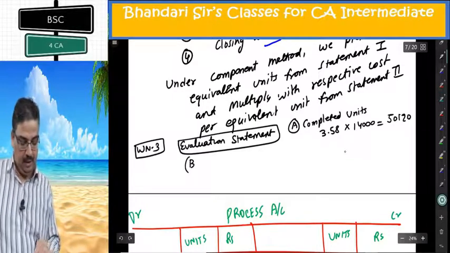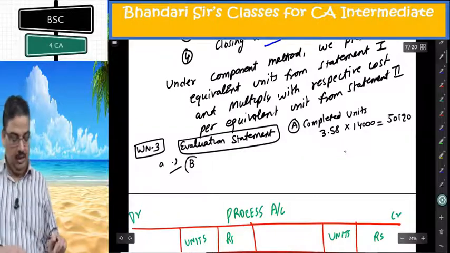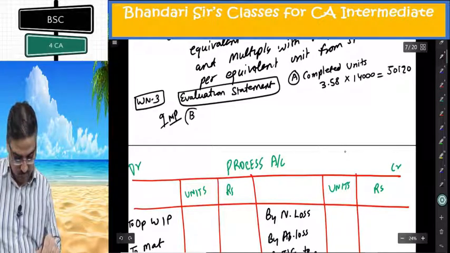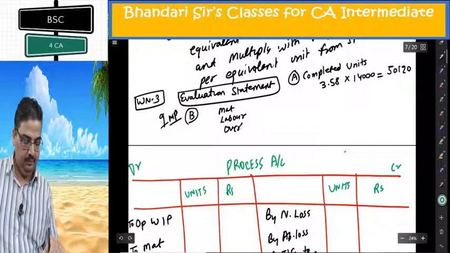B is important. B evaluation is important. Material component, labor component, overheads component.